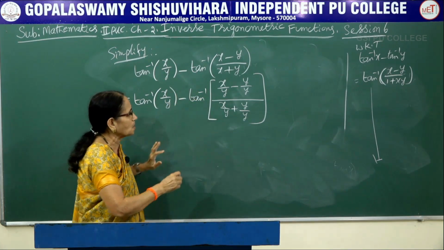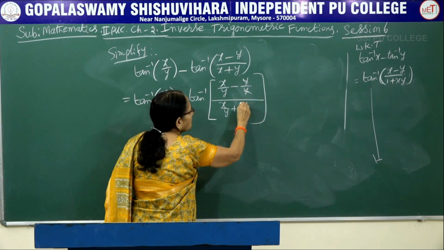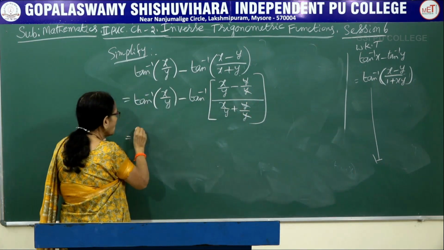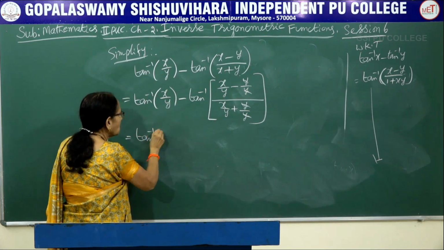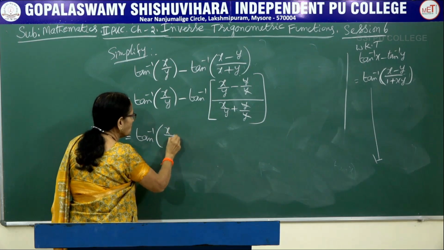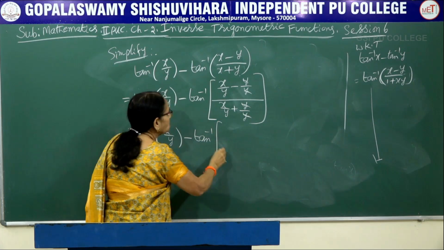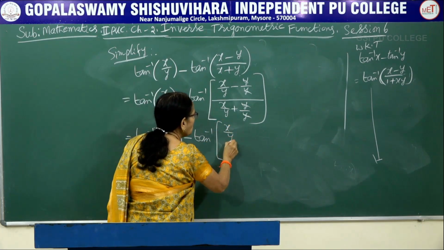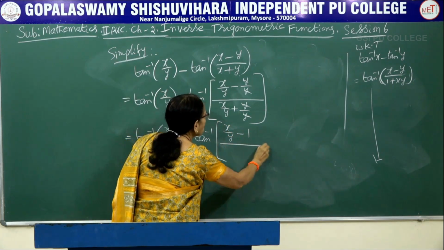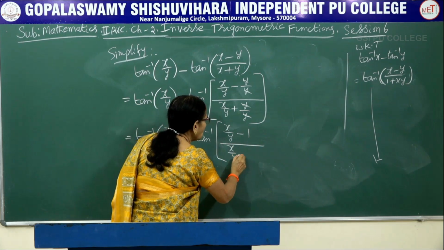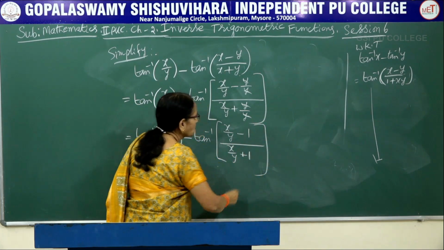So you can follow this particular procedure. So y can be cancelled here. So I can express it as tan inverse of x by y minus tan inverse of x by y minus 1 divided by x by y plus 1.